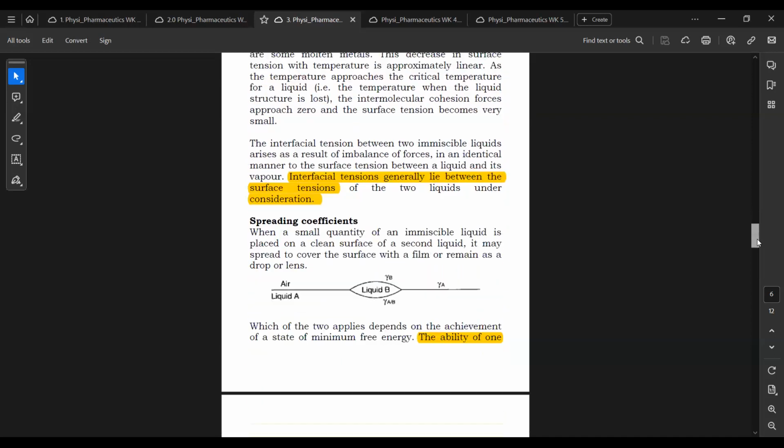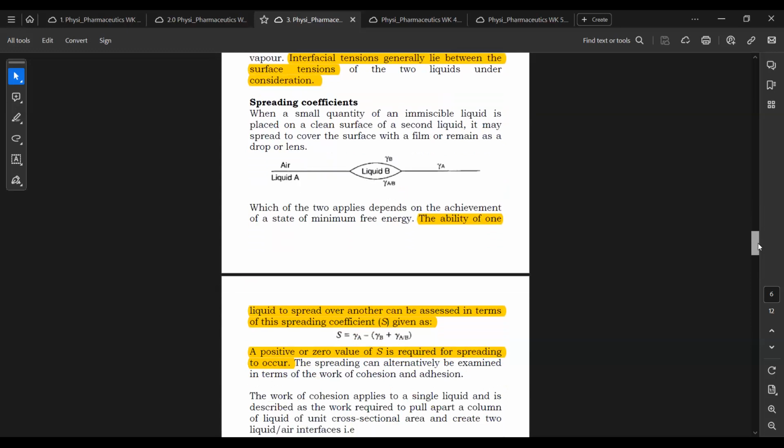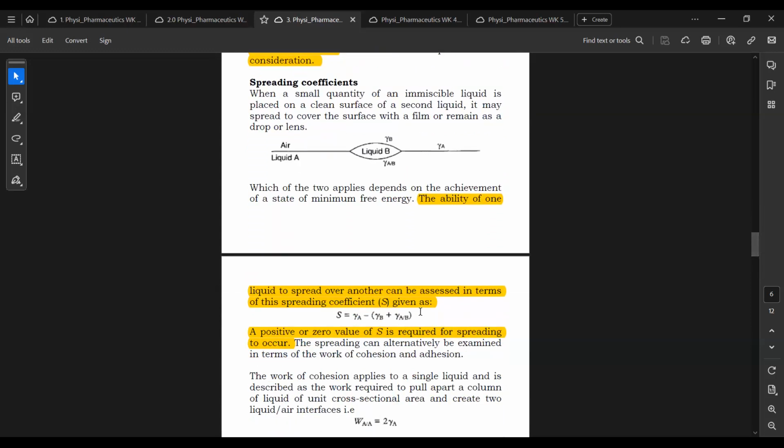Then we covered spreading coefficients, where we said for a material to spread, the adhesive forces, that is the forces between the unlike molecules, have to be greater than the cohesion forces. An example is given: when you add oleic acid into water, it will spread as a film.